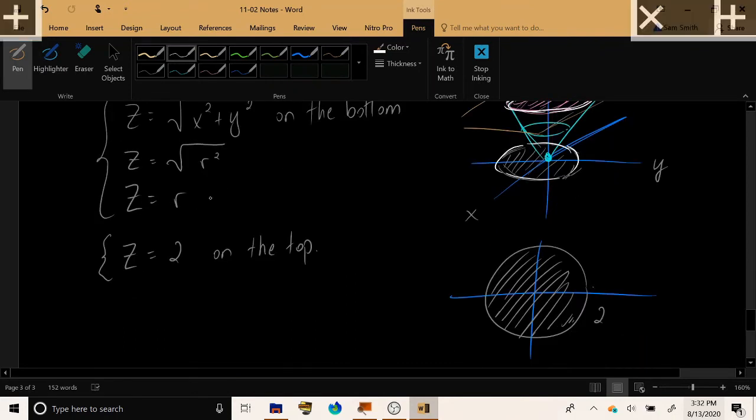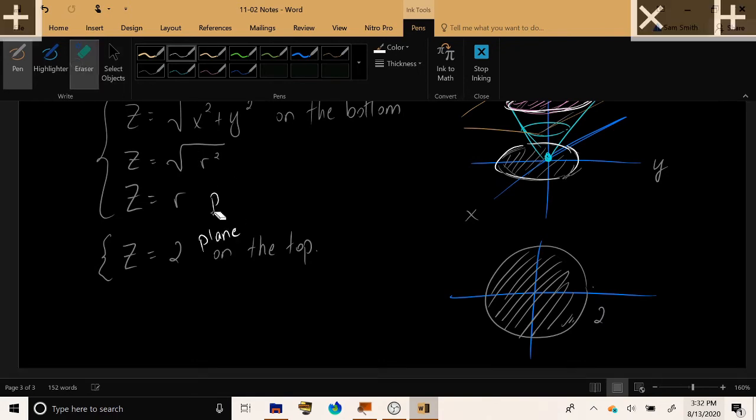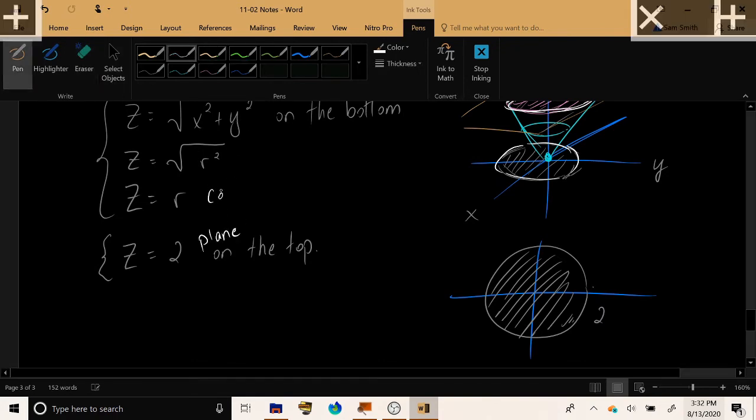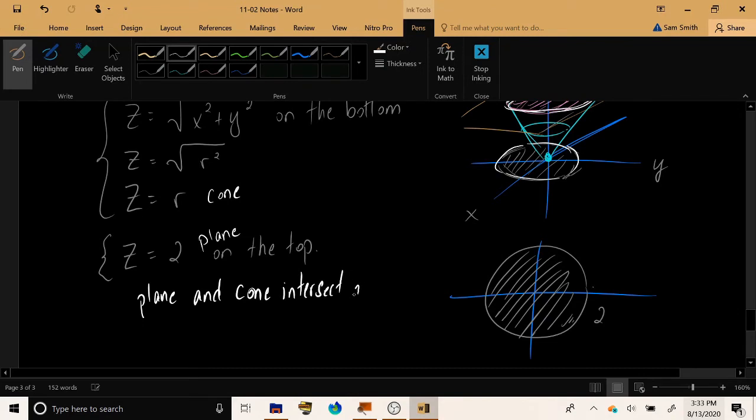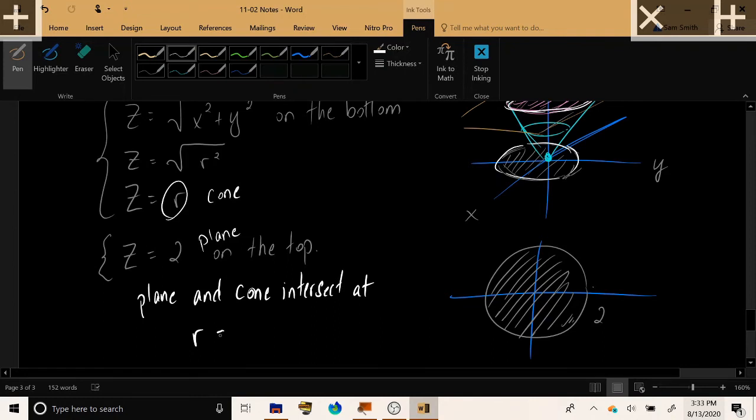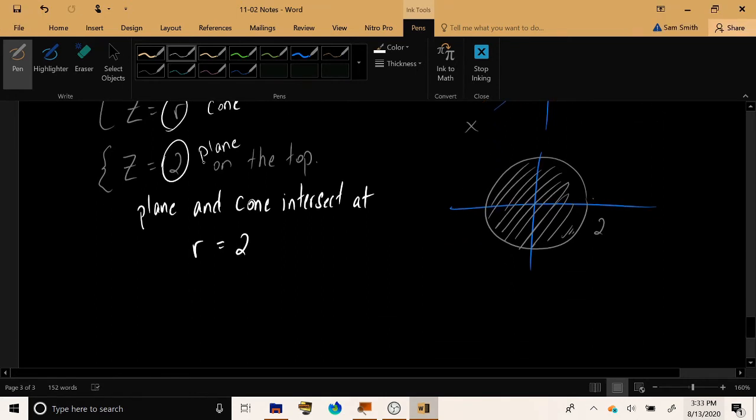So here's the plane, here is the cone, and if we set the equations of the plane and the cone equal to each other, plane and cone intersect at the point where r, this half of the equation, is equal to 2, this half of the equation. So that tells us directly that the radius must be 2 for this disk.